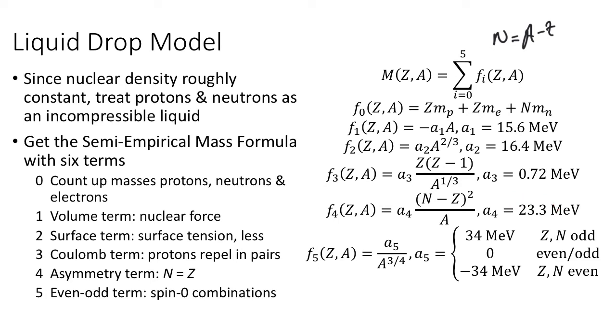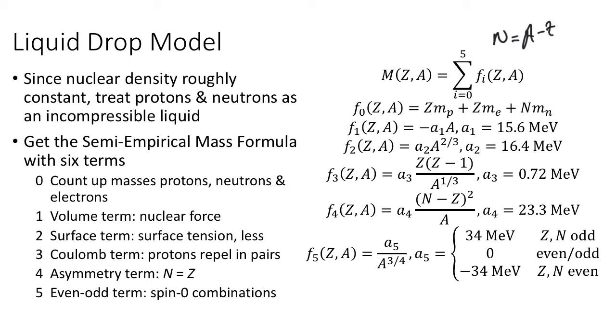The last factor accounts for the fact that the nucleus likes to have all the spins cancel. We haven't talked too much about the spins of the proton and neutron. They're both spin 1/2 particles, but they add up to try to give very small nuclei. In fact, if you have an even number of neutrons and an even number of protons, those are always spin 0.